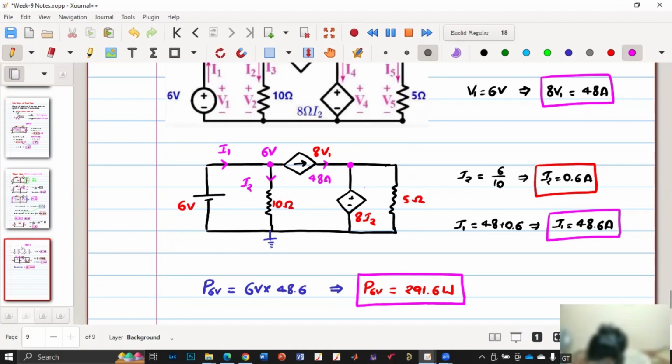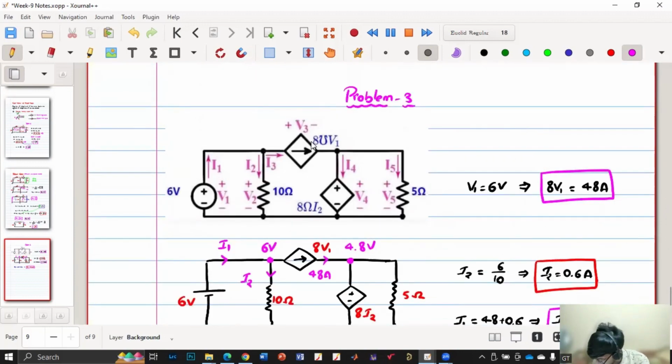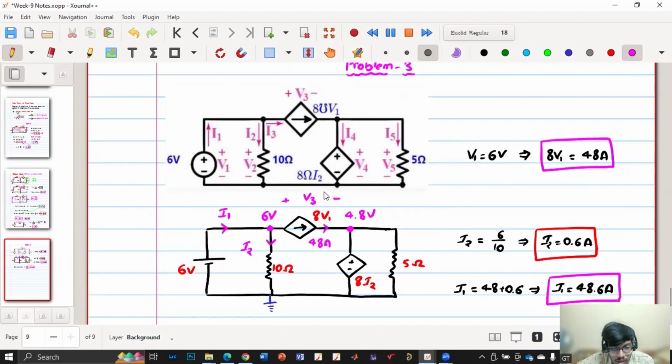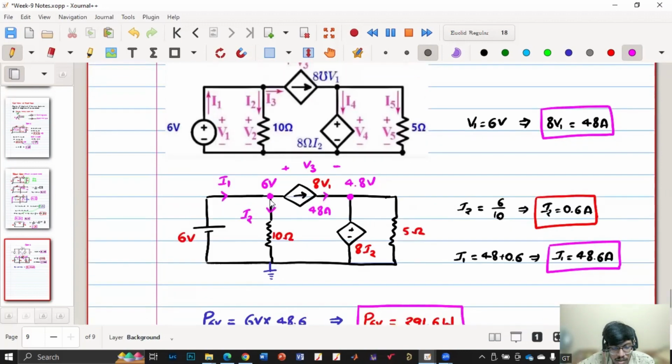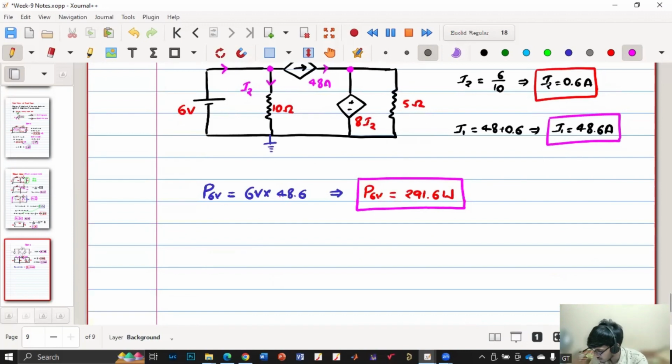So what is the voltage of this node? 4.8 volts. So this is V3, plus minus V3. What is V3? Sorry, 6 minus 4.8 volts. So V3 is 6 minus 4.8, which is 1.2 volt. Okay.